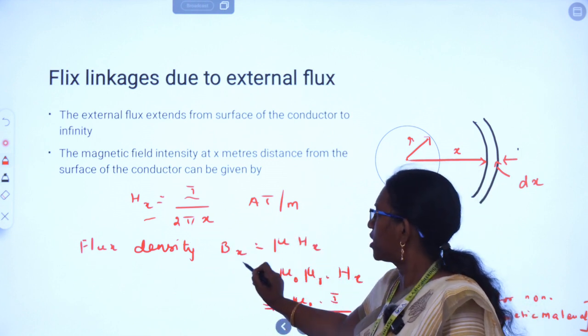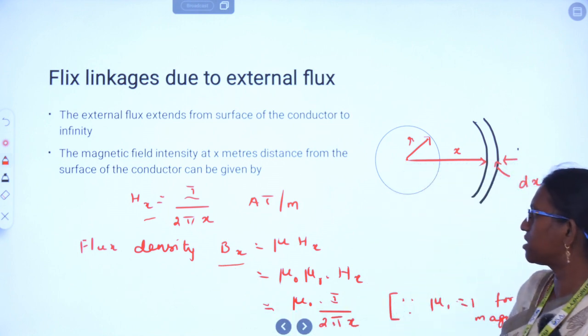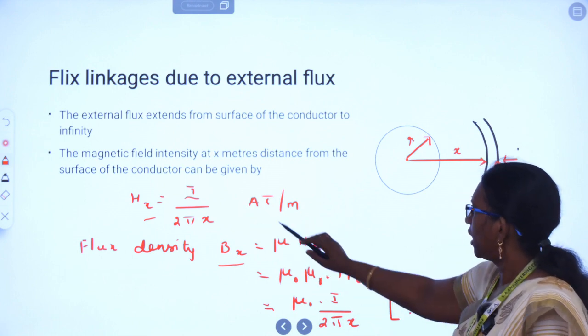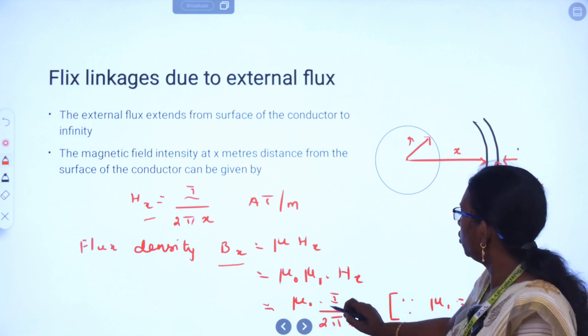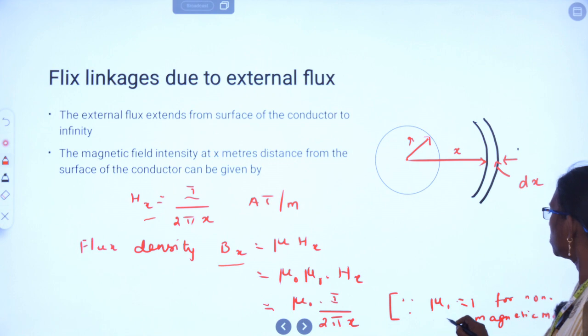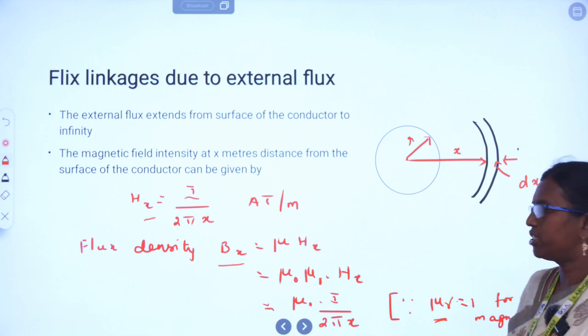And as per the relation between flux density and magnetic field intensity, Bx is nothing but mu H. So substituting the value of Hx, mu naught mu r into Hx, so mu naught into I divided by 2 pi x. Here we can replace mu r with 1. As I said, for a non-magnetic material, the mu r value is 1.